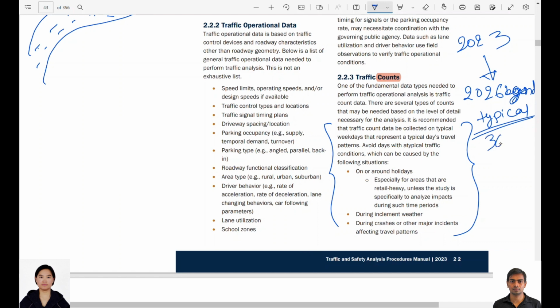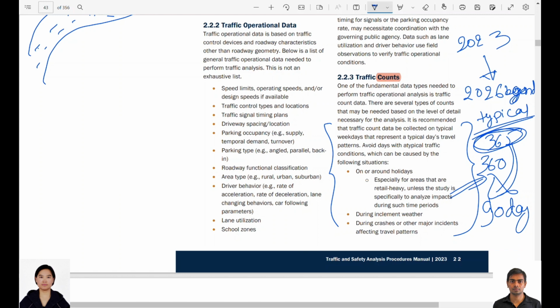Out of 365 days, if the typical day represents 360 days, I do not have any problem. But out of 365 days, if the typical day represents only 90 days, then it's not a good analysis.